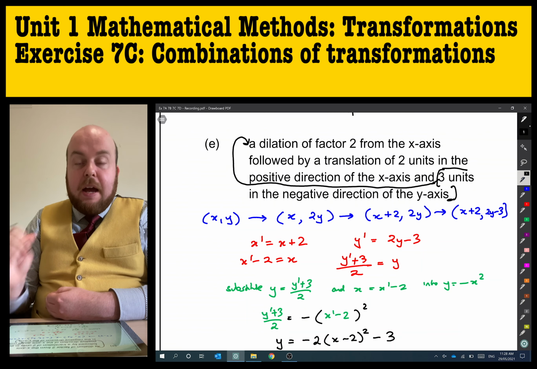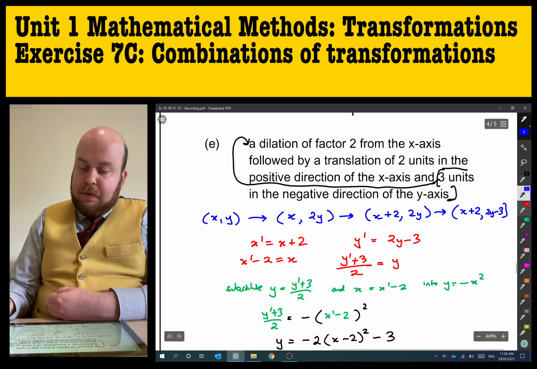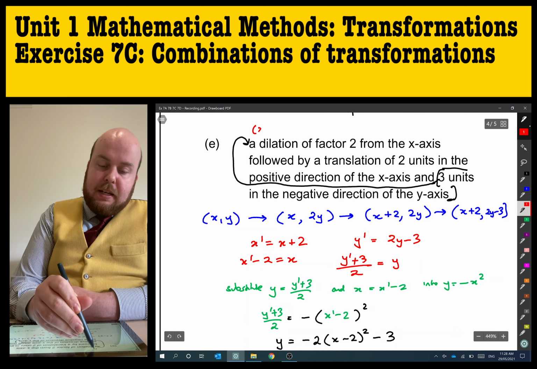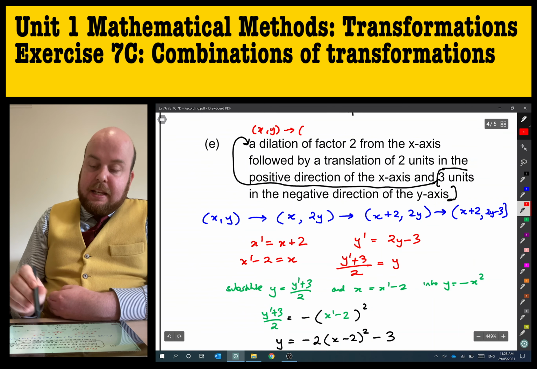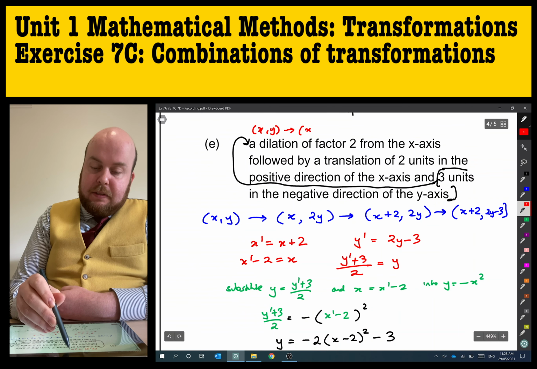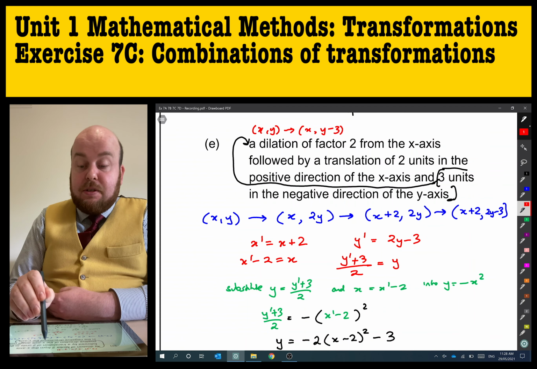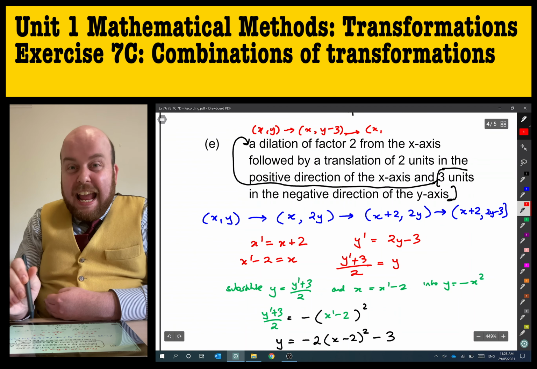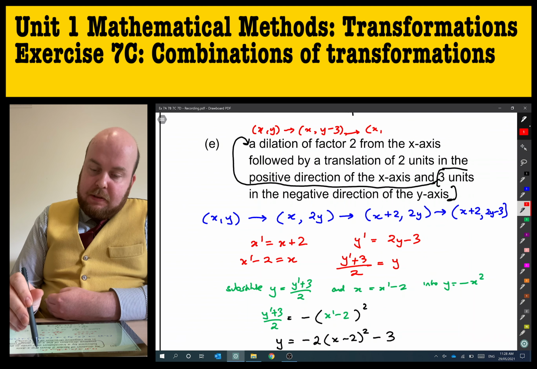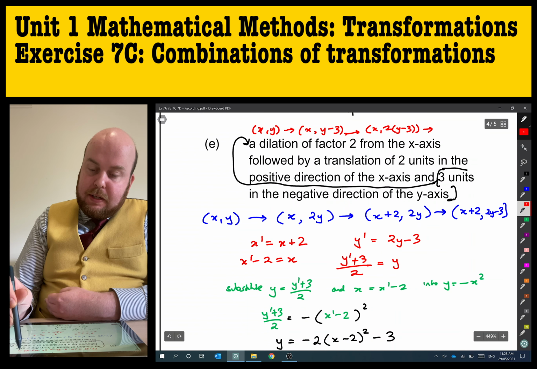If that was at the start, you'd get 3 units in the negative direction of the y-axis, then a dilation of factor 2 from the x-axis, and that would multiply everything, so that's going to become 2y minus 3, like so.